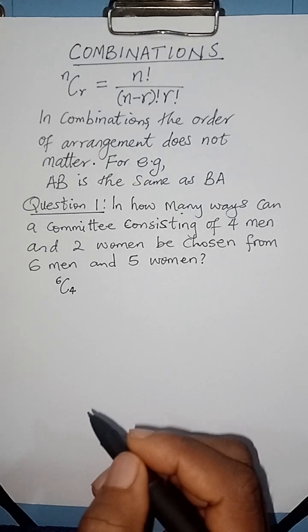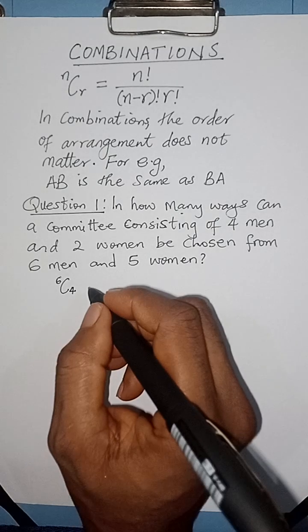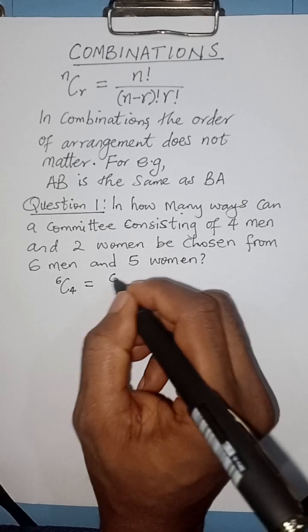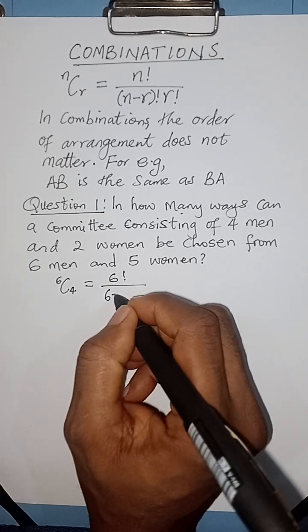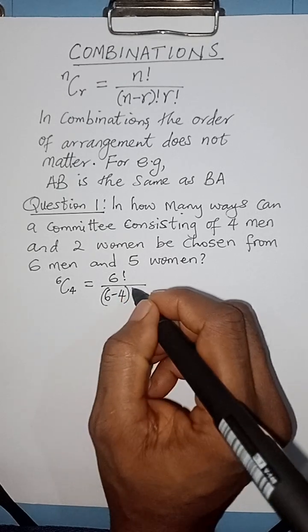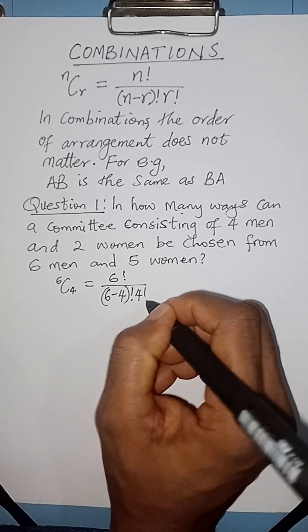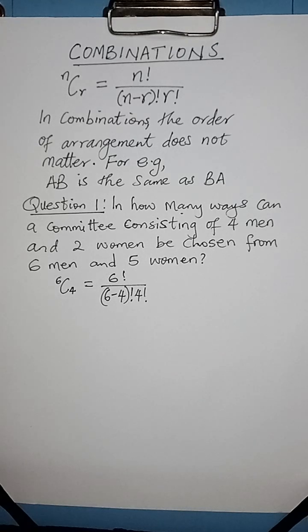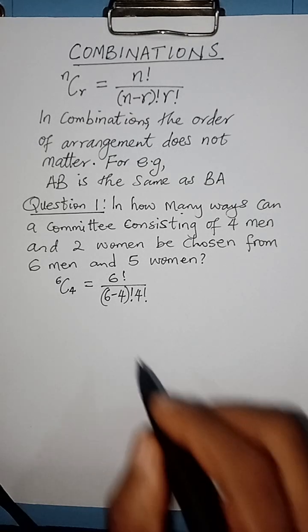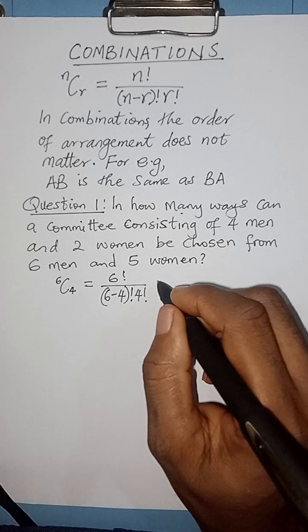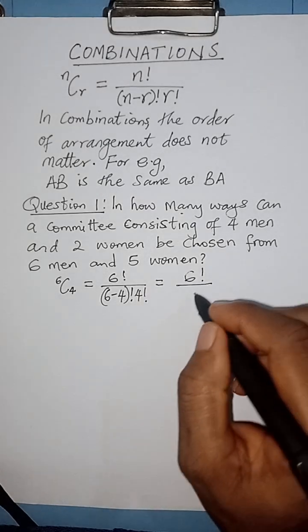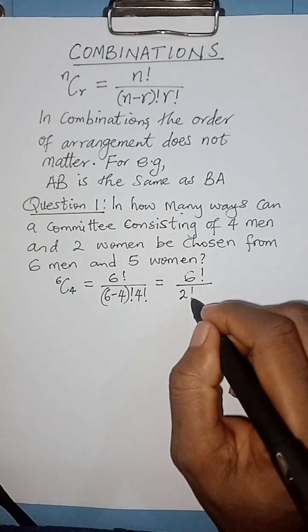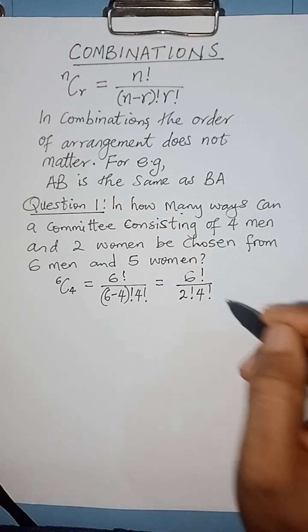Our n is 6 and our r is 4, which is 6 factorial divided by (6 minus 4) factorial times 4 factorial. Now, what is the next step? This will be 6 factorial divided by 2 factorial, 4 factorial.